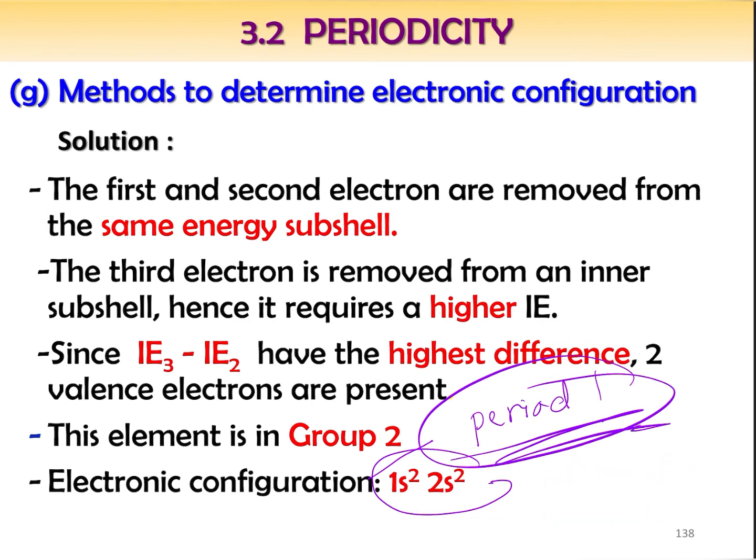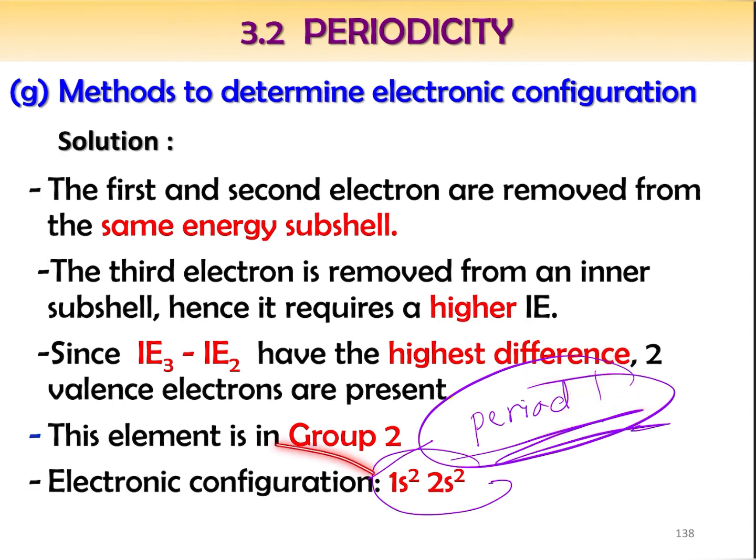So, kalau contoh soalan tu cakap, it is in period 3. So, maksudnya, kamu just tulis 3s2 and lengkapkan yang sebelumnya. Okay. So, kalaulah soalan dia tak bagi tahu information tentang period. Okay, dia berada di period berapa. So, period tak diberikan dalam soalan.